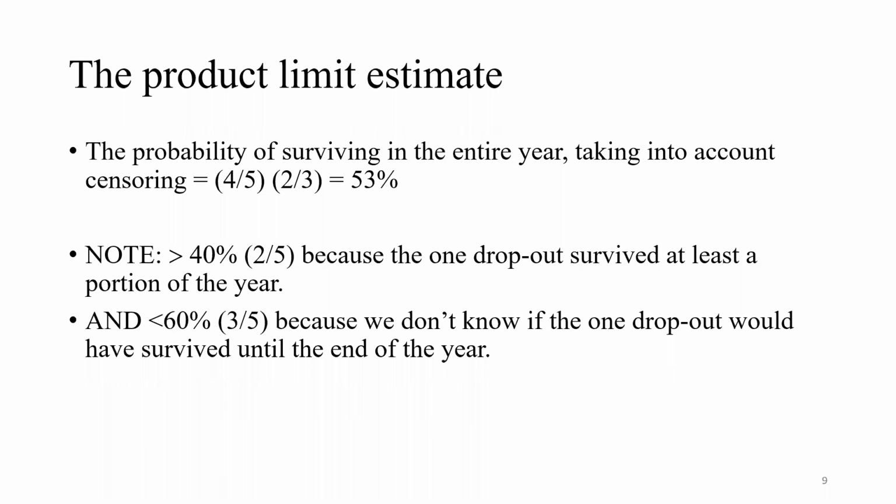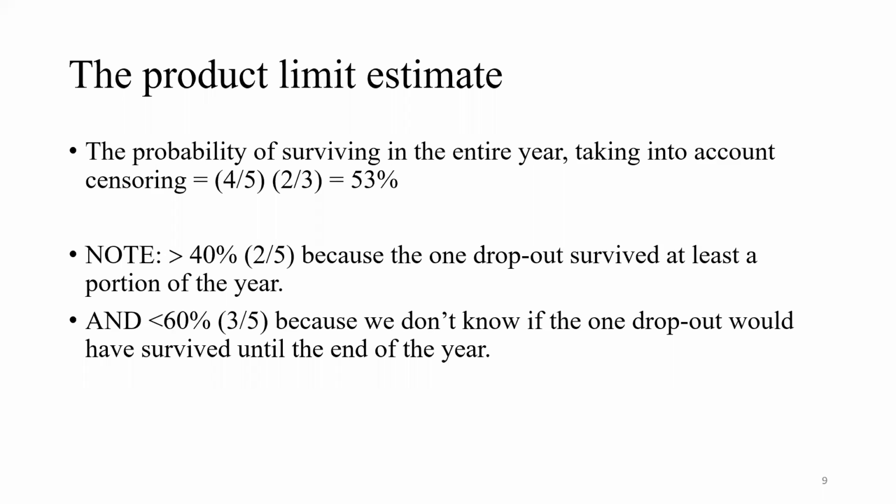The probability of surviving the entire year, taking into account censoring, is 53%, just like we have seen before. And we should be very careful: it is not 40%, which is approximately 2/5 because only 2 people survived out of 5 included.